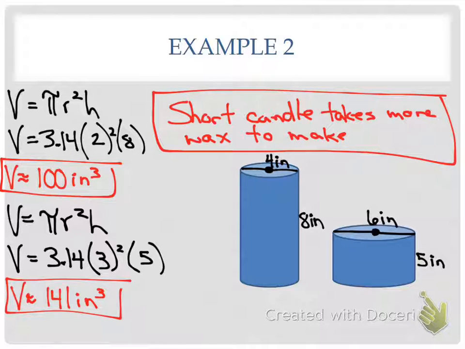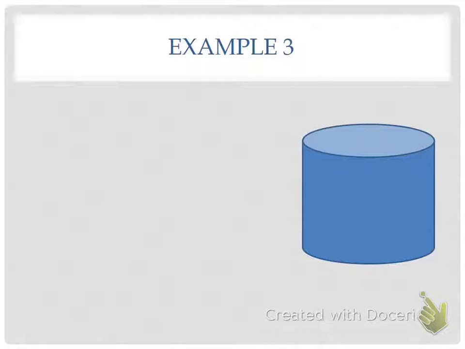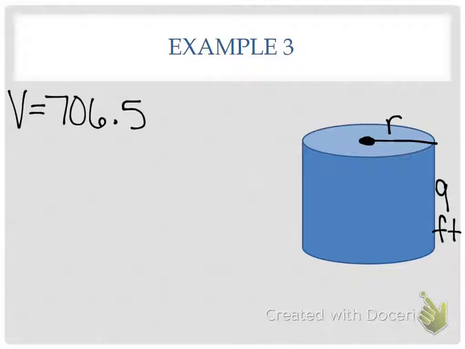All right, now example 3. In example 3 now, we are finding a different part of the formula. So now in this example, we're given, let's see, I don't know the radius, the height is 9 feet, and I know that my volume is 706.5 feet cubed.